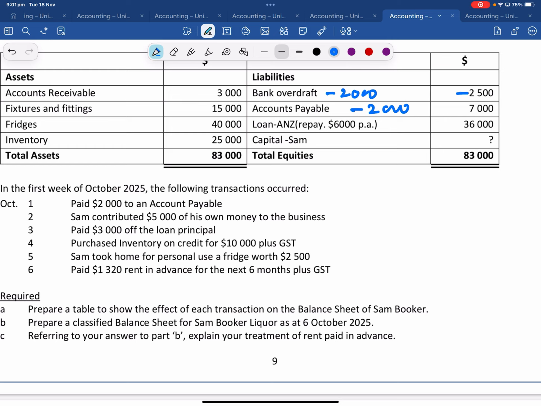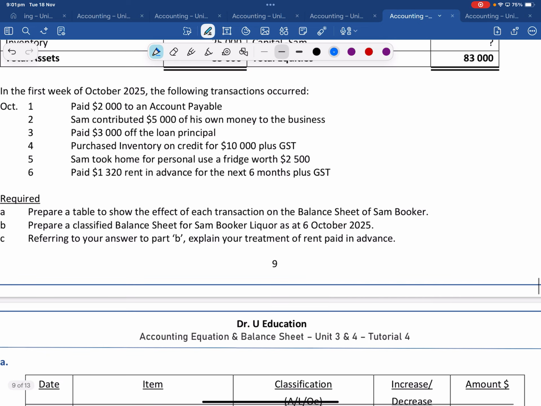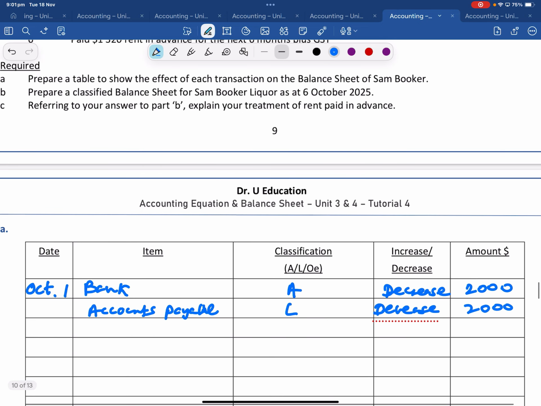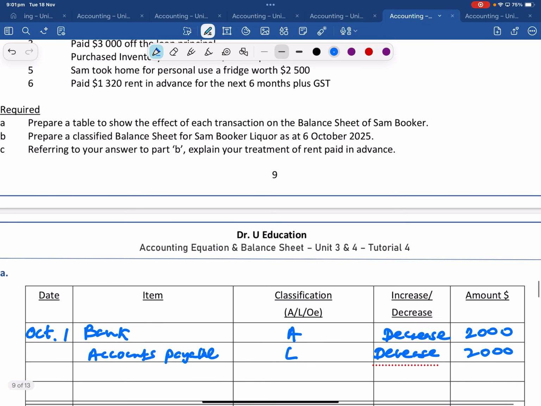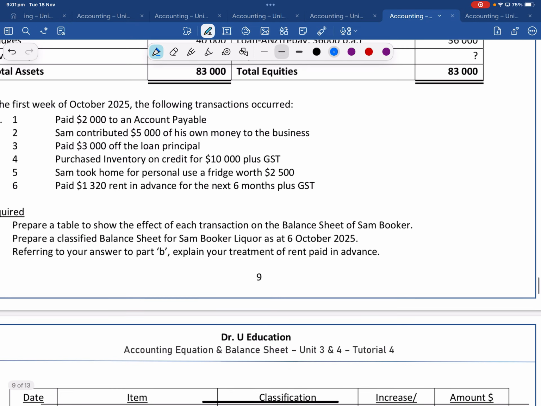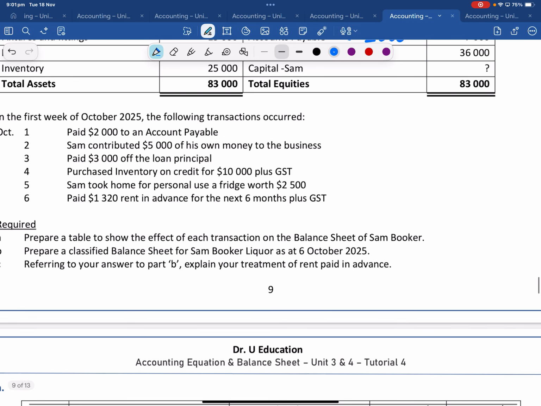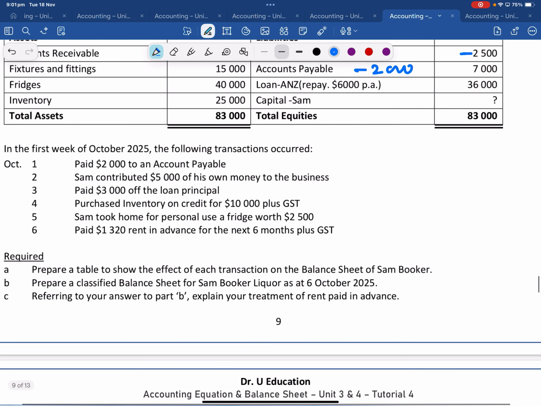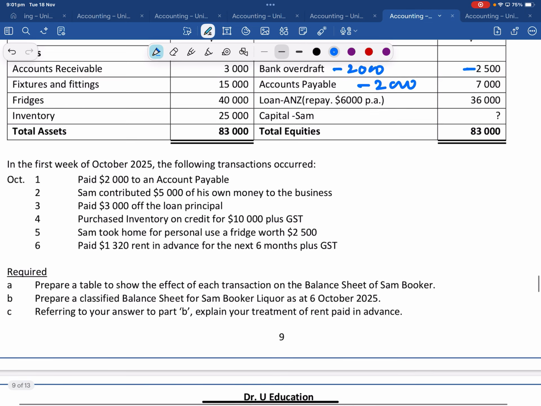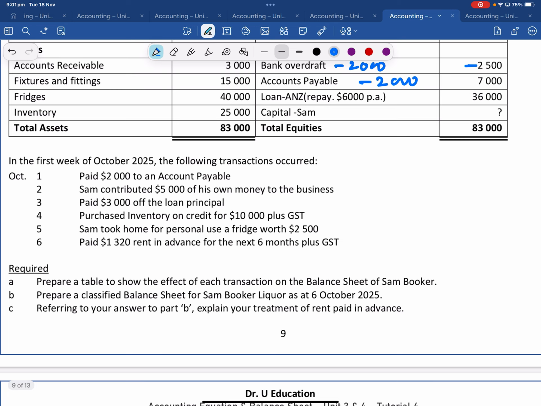Next one. Take it as bank for now. Number 2, bank, the first one. Sam contributed 5,000 of his own money to the business. If you treat it like that, it will be a confusion when it is converted.